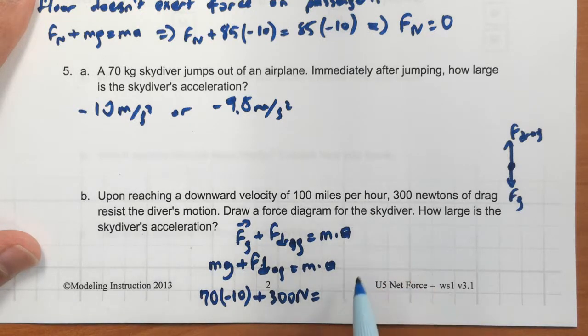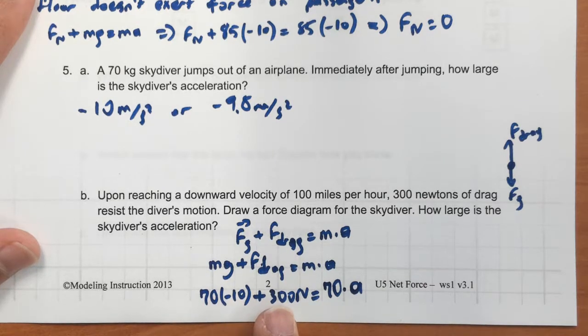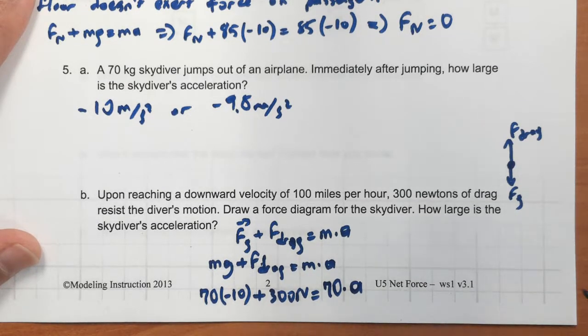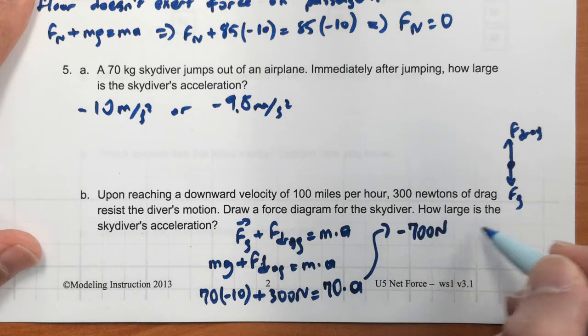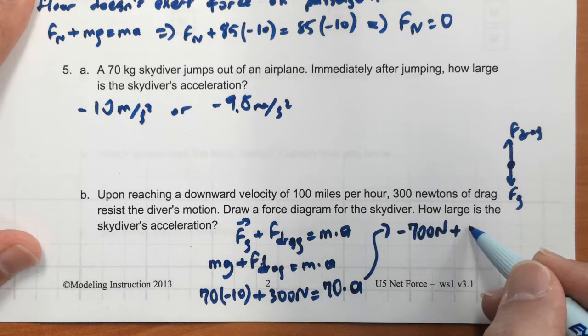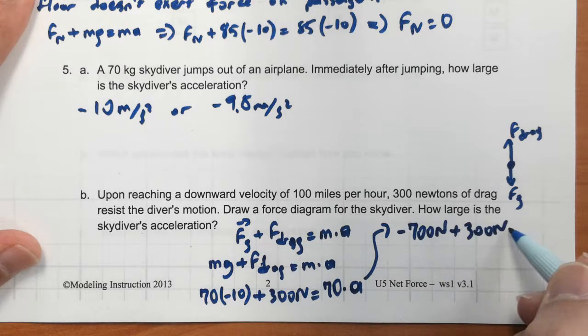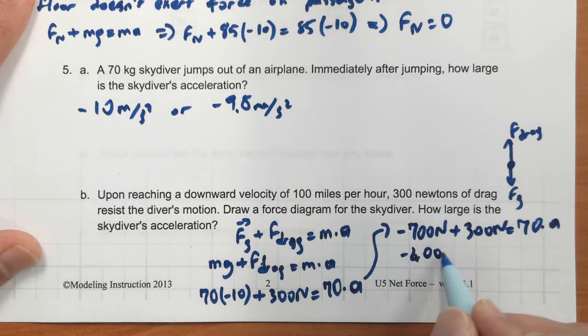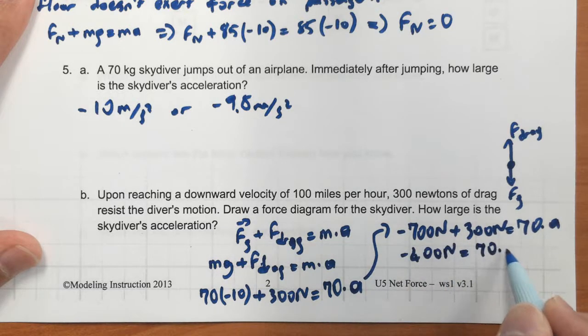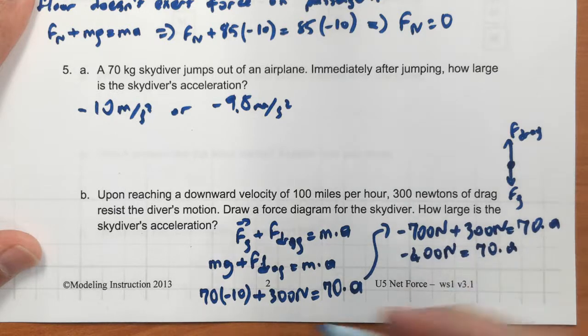And here we have the mass, 70 again. This is the object and acceleration. Now so far we applied our physics knowledge. The rest of it is math. So let's do the math. Negative 700 Newton plus 300 Newton equals 70 times acceleration. Negative 400 Newtons equals 70 times acceleration.